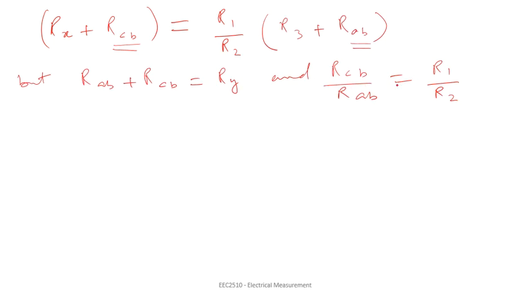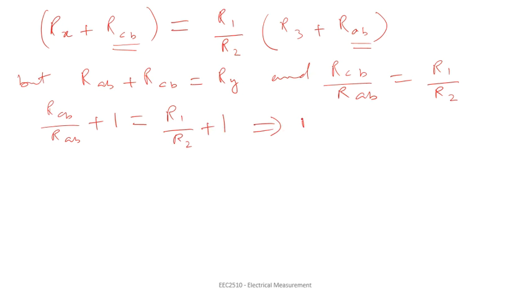So these two things we know already. Now if you add 1 to both sides of this equation, what you will get? RCB over RAB plus 1 equals R1 over R2 plus 1.